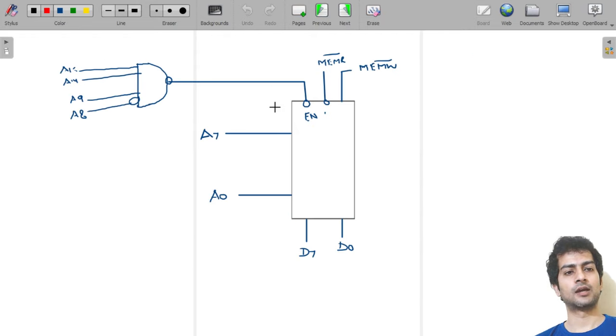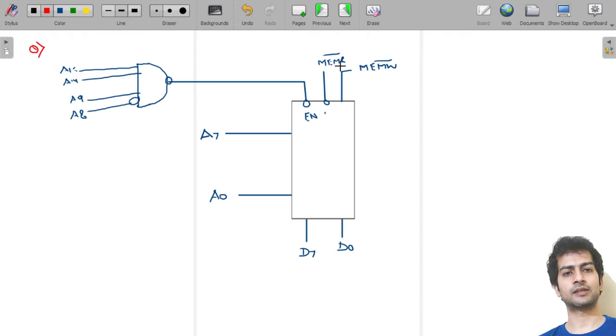Now see. Let's solve a question. We have to find out the range of this memory location. First, let's discuss the properties of this memory.